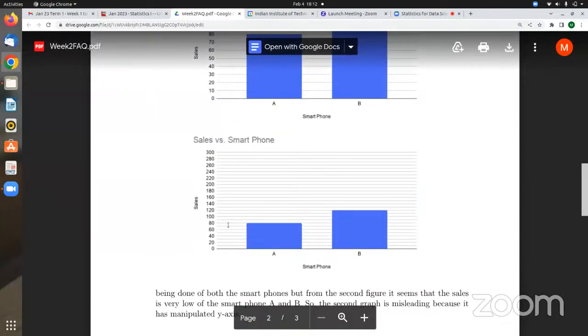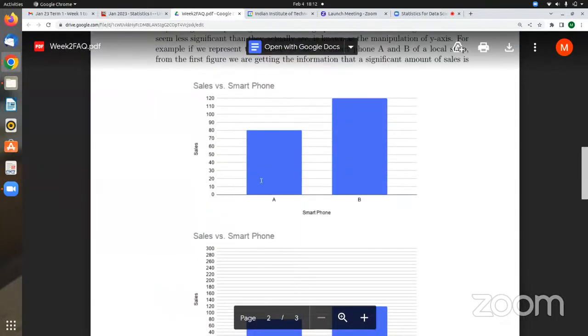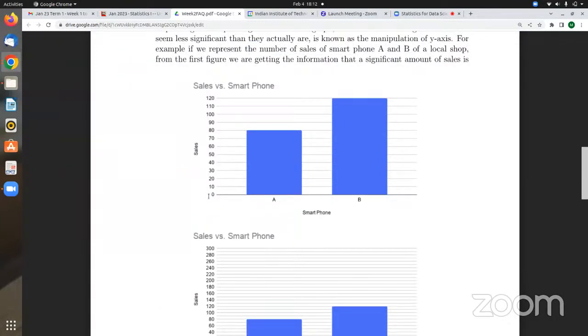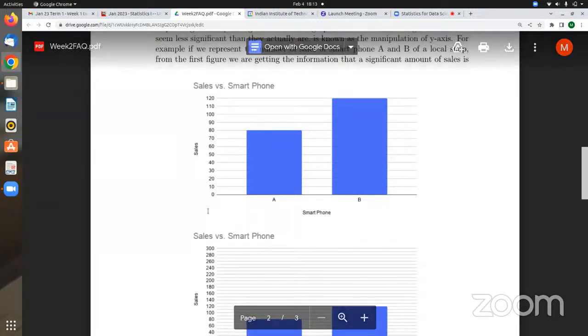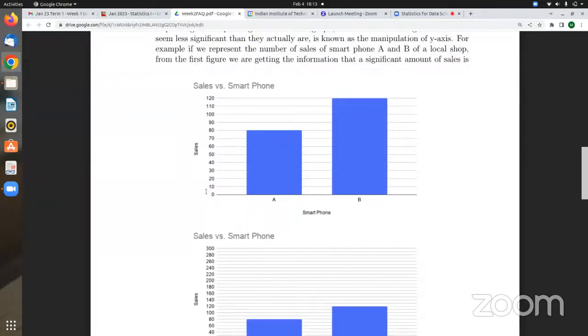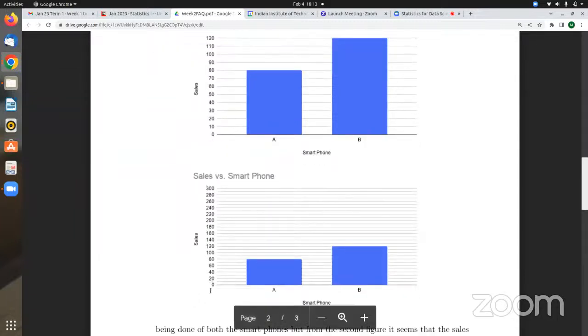Now for the manipulated y-axis, the scale on the y-axis goes 0, 10, 20, 30, a constant gap of 10 units. Here it starts with 0, but then 20, 40, 60, 80.